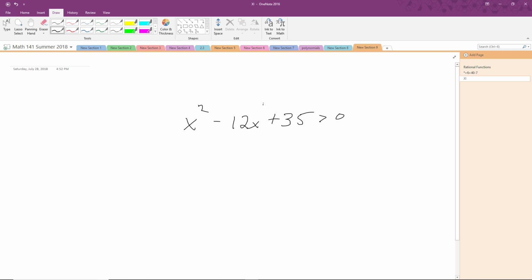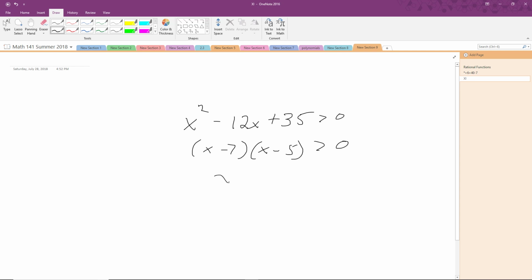Now, does this factor nicely, or shall we use the quadratic formula? Well, think about 7 and 5 combination. Negative 7 and negative 5 actually works. What two numbers multiply together to give me positive 35, and when I add those two numbers, I get negative 12? So I can factor this into my two factors, x minus 7 and x minus 5.